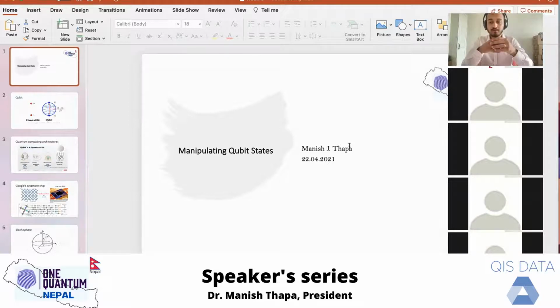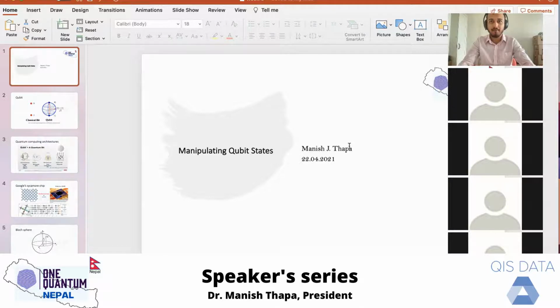But the QPU, which is the quantum processing unit. And how do you manipulate qubits? I will talk about manipulating a single qubit. To build a fully fledged quantum computer, you need thousands, millions of qubits. But let us start with one qubit, because that's the most simple.